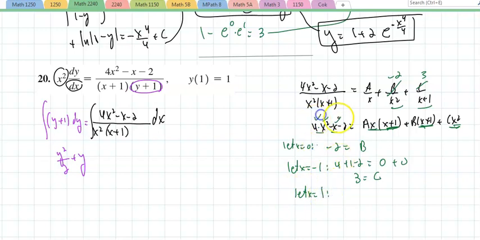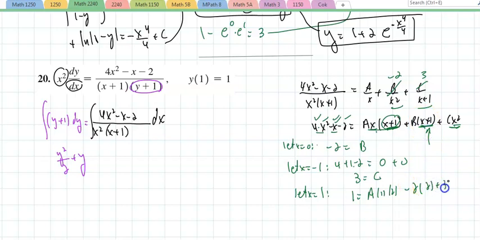And if I let x equal any other value than 0 or negative 1, let's say 1: 4 minus 1 minus 2 is 1. A 1 in there, that is A times 1. And 1 plus 1 is a 2. A 1 right there, that is B, but I know B is negative 2. And if I put a 1 there, that's a 2 as well.